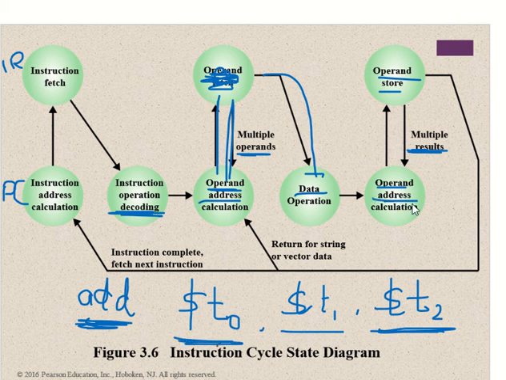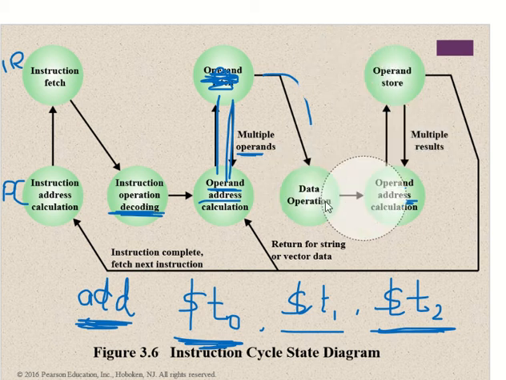Calculate the address of T0 and store the answer in T0. Sometimes you may have multiple results, so come back, find the address of the second result and store it. In this example there is only one result, but who knows, you may have more than one.